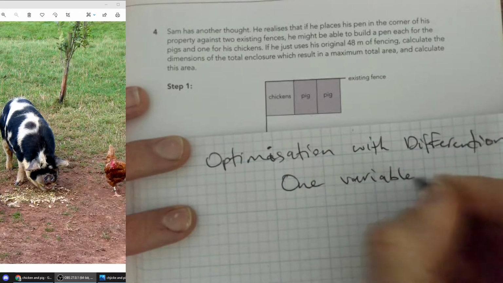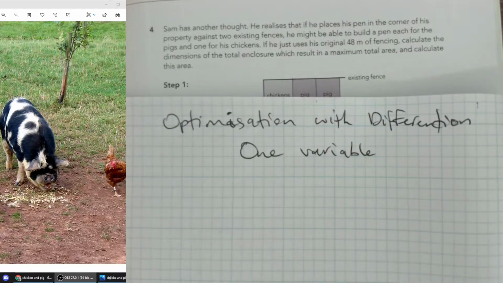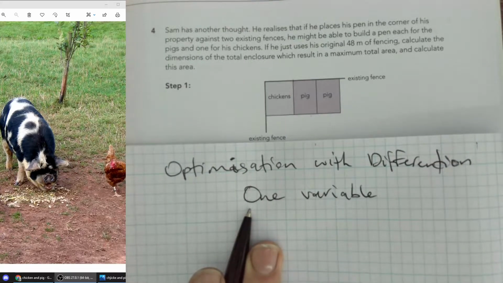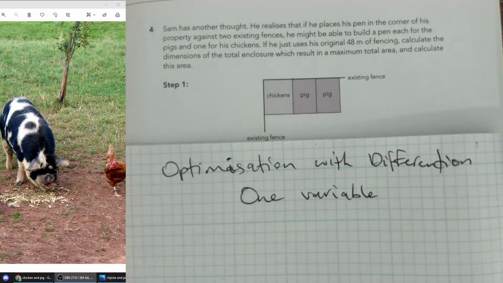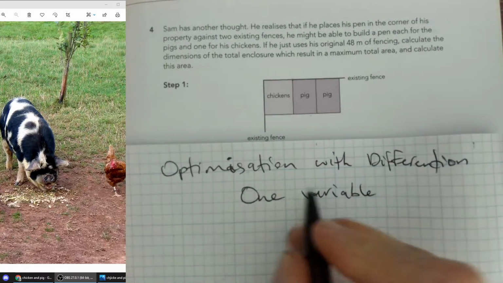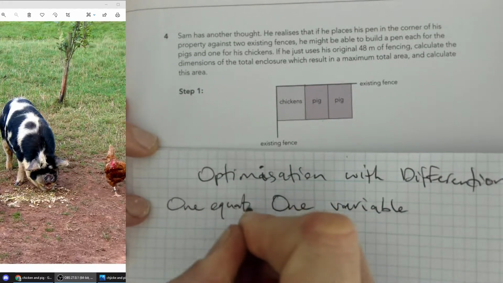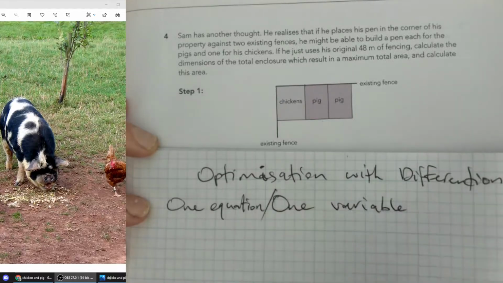You're going to have probably 2 equations, so it's very much like substitution. You're going to have 2 equations and 2 variables usually, and you have to whittle it down to 1 equation with 1 variable. So you want 1 equation and you want 1 variable.